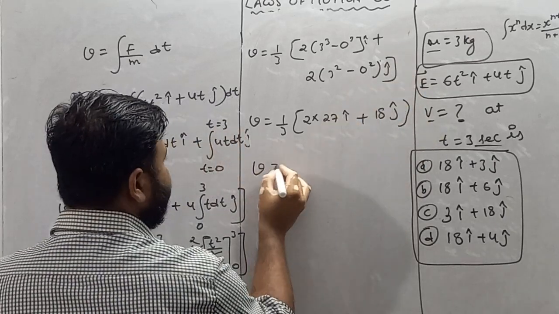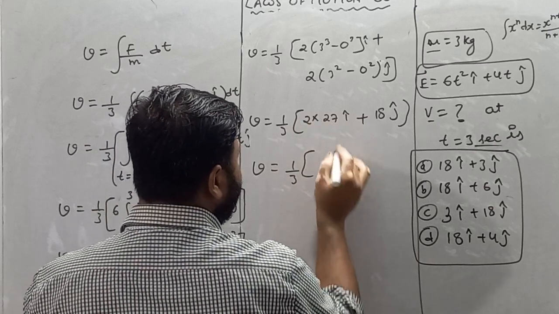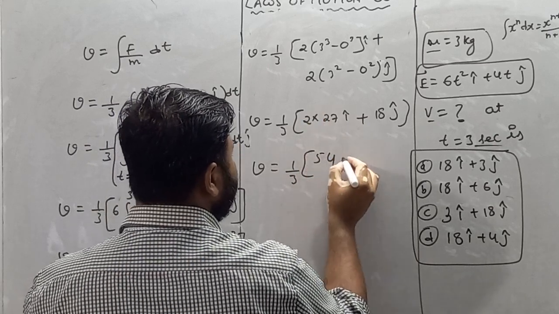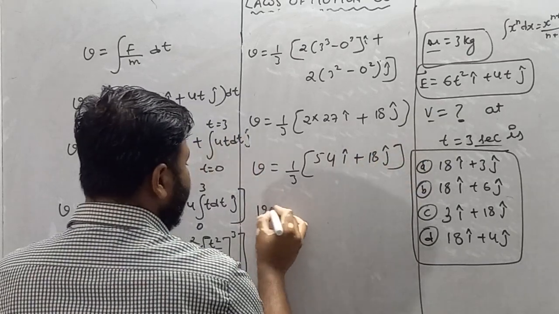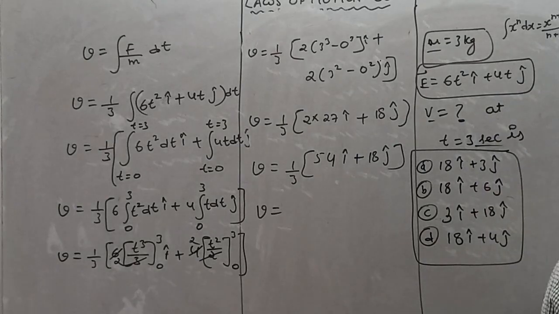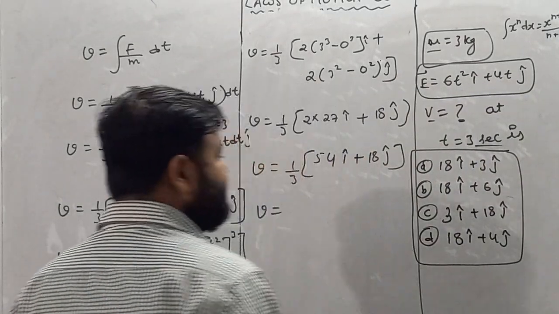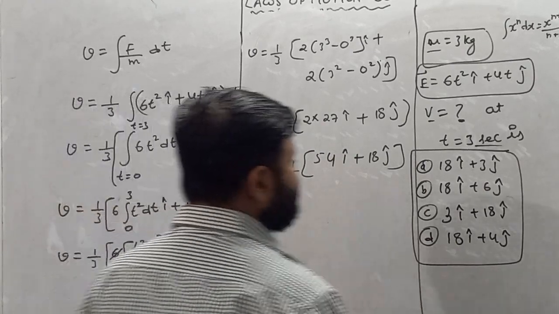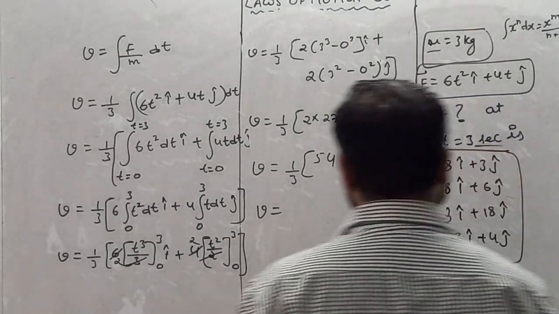So what we'll get? v equals 1 by 3, 27 2s are 54 i cap plus 18 j cap. So v equals 1 by 3, 54 i cap plus 18 j cap. After solving this, you'll get the value 18 i cap plus 6 j cap.